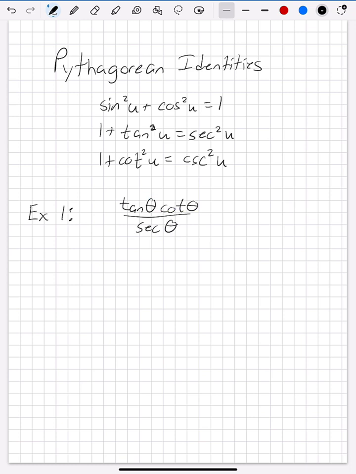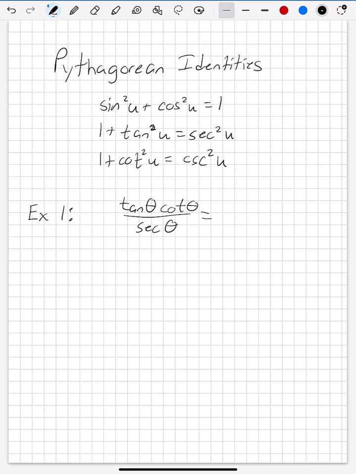And our goal is to use these identities to simplify this as far as possible. The problem with doing these is sometimes it's kind of like solving a puzzle, and there's more than one correct way or more than one possible path to get there. So it may take you a few trial and error attempts to figure these out.